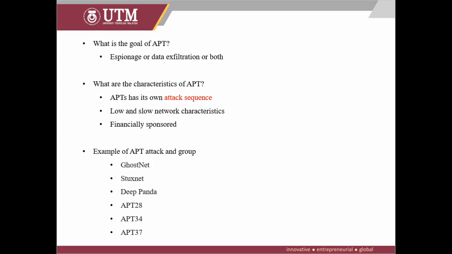And thirdly, APT is normally financially sponsored by people who hire groups of expert hackers to conduct these attacks. Some examples of APT attacks and groups are GhostNet, Stuxnet, Deep Panda, and etc.